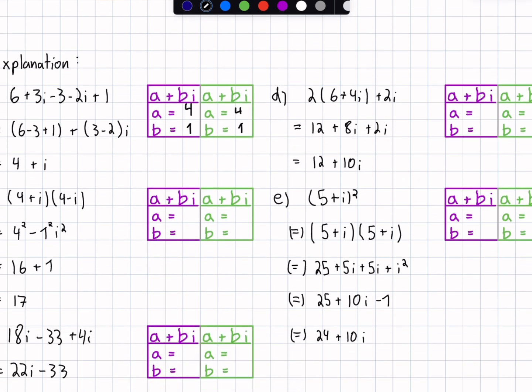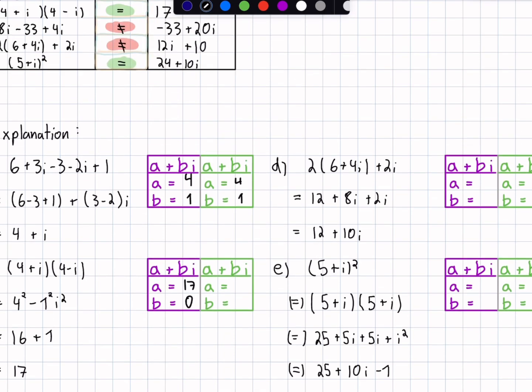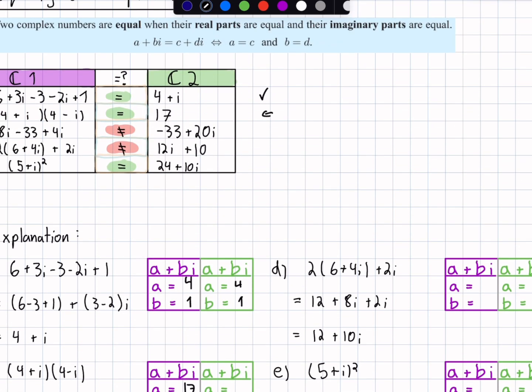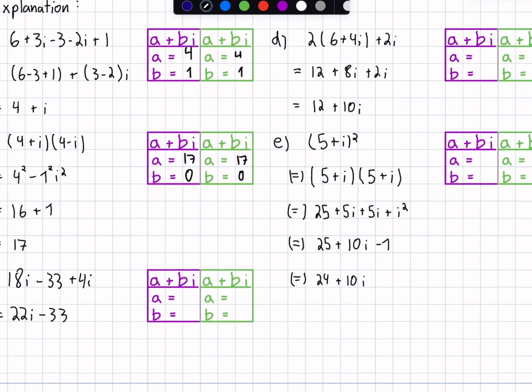Now, if we look at B, our A will be 17 and our B will be 0. And if we look at our comparison here, once again, our A is 17 and our B is 0.